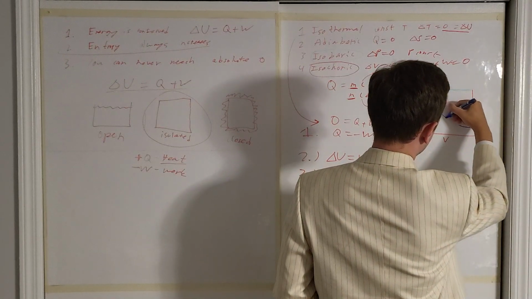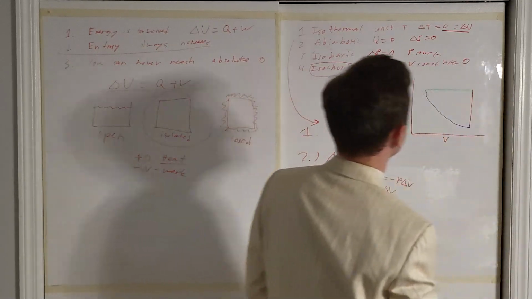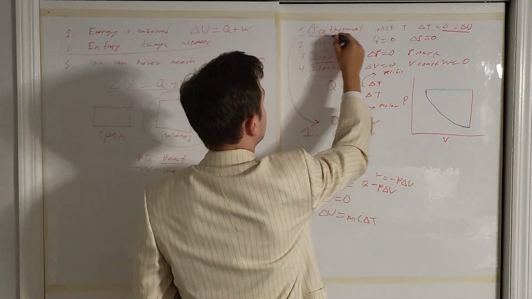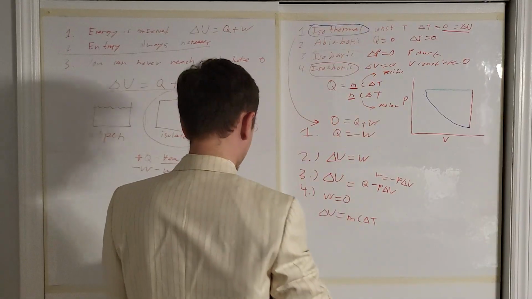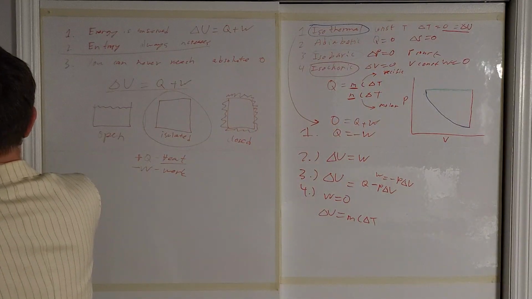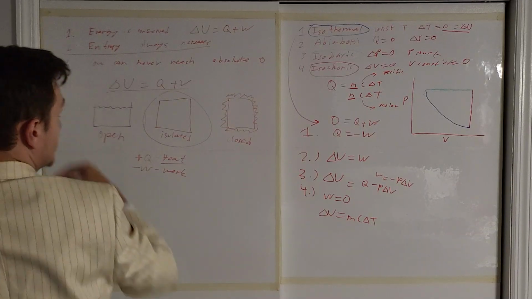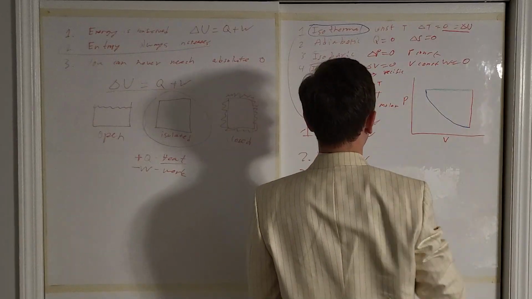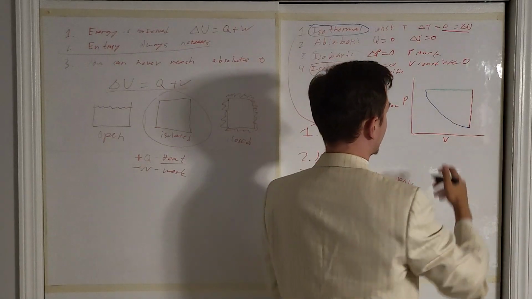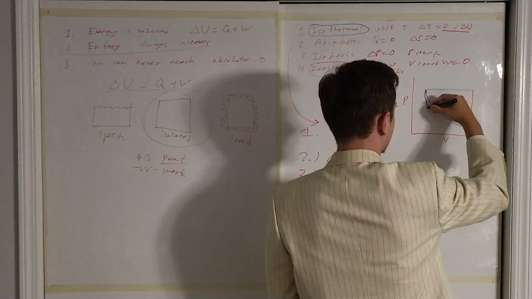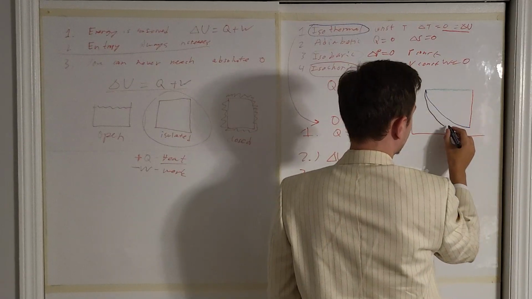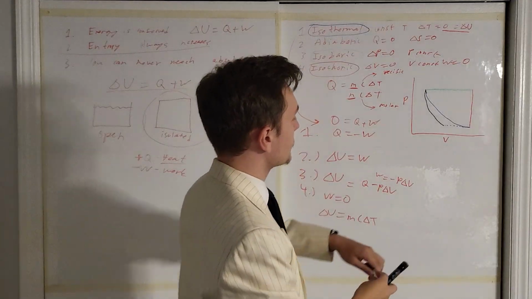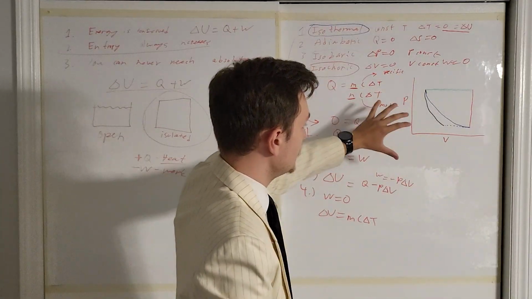It's going to be a tad bit steeper, like this. Okay? And finally, the adiabatic process is going to have a similar shape to the isothermal, except it's going to be much steeper. The adiabatic process looks more like 1 over x squared. So it's going to look like this. Okay? So that's what all 4 of the processes look like on a PV diagram.